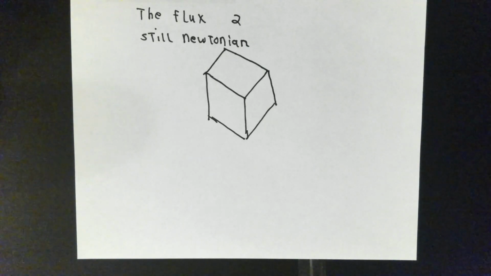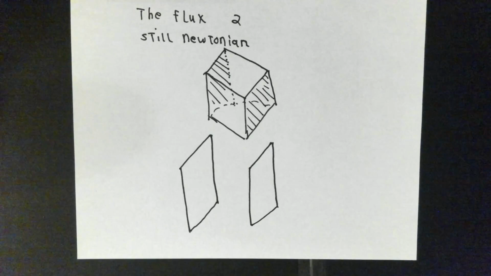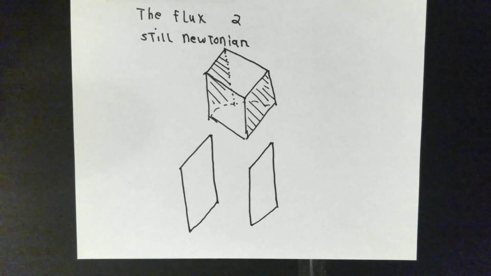What I'm going to do is think about this still in the Newtonian sense, although I'll put in some side comments about dot products and things. The cube is going to have six sides, each one of which is a square of dimensions L by L. These six sides can be broken up into three pairs of parallel sides.